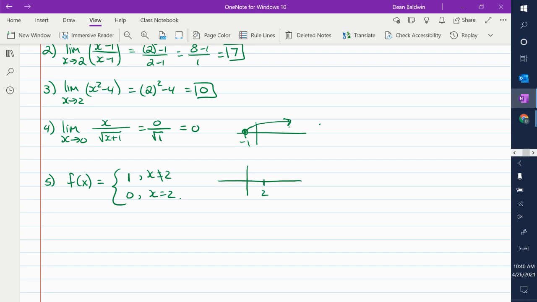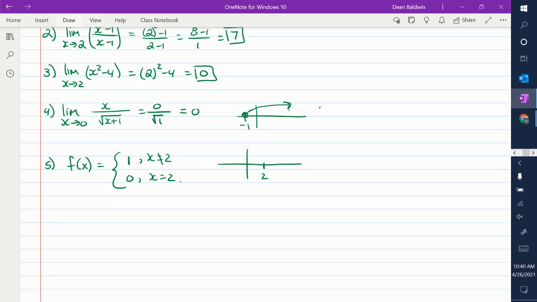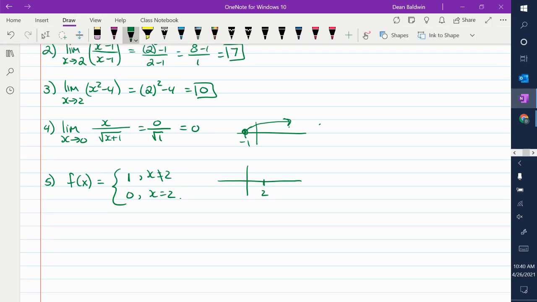At 2, our graph has a value of 0. Let me put that in red. Everywhere else, it's equal to 1. That's the graph. It's a horizontal line everywhere whenever x is not 2. But at 2, it falls down to there. That means that has to be an open circle.